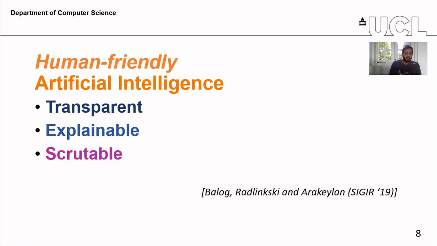And then there's also scrutability. What that means is, can the user look at these explanations and the transparent aspects of this system and scrutinize the system? For example, can the user say that what the AI is doing is wrong?